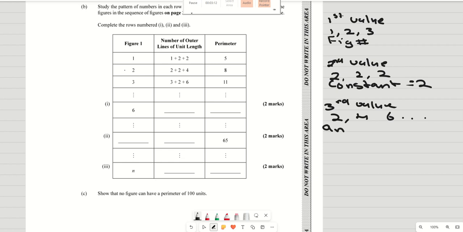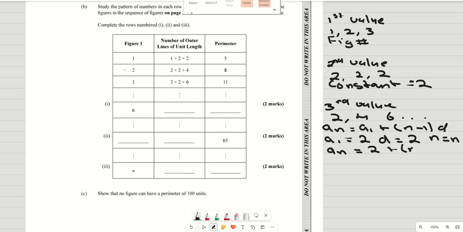You could have said AN is equal to A1 plus N minus 1 by D, where A1 is your first value, D is your difference, which is 2, and N is equal to N. That means AN is equal to 2 plus, open bracket, N minus 1 by 2.